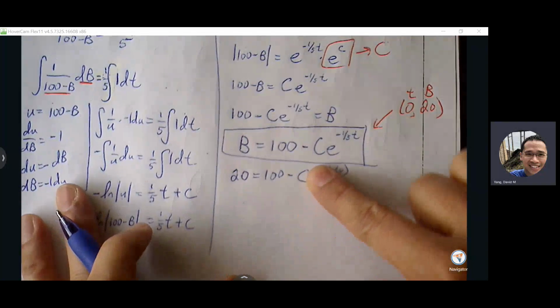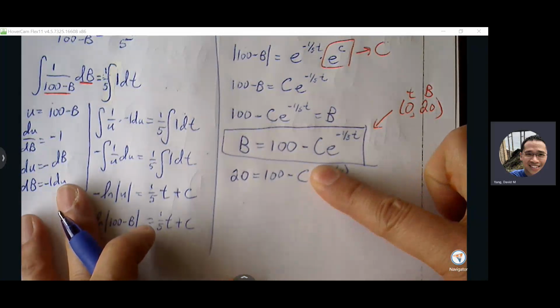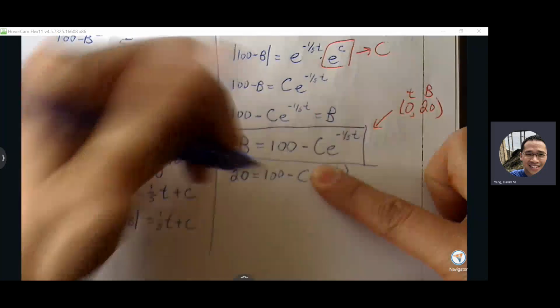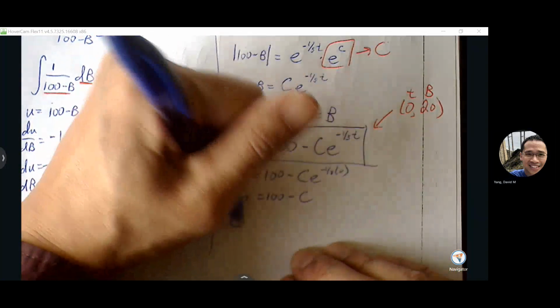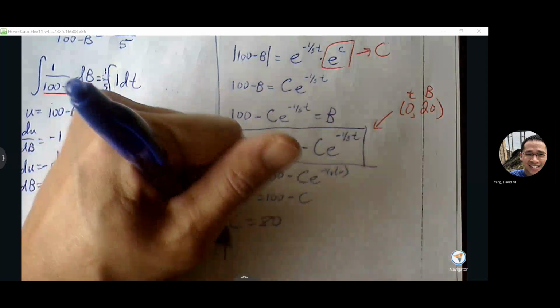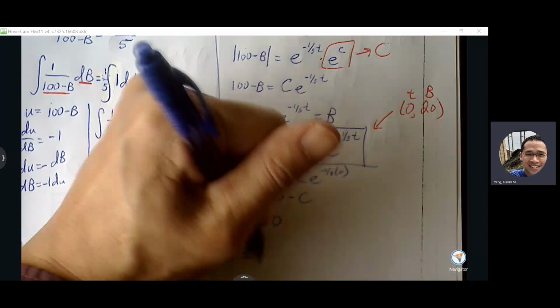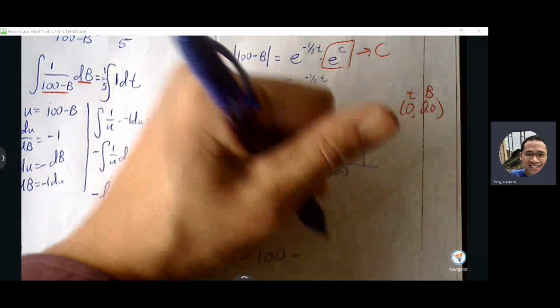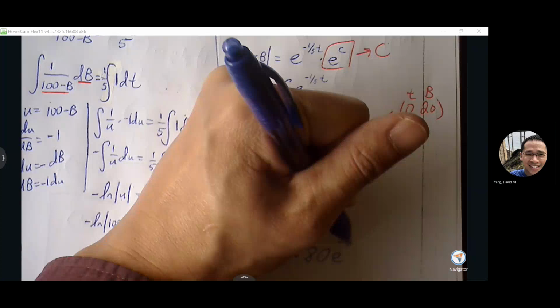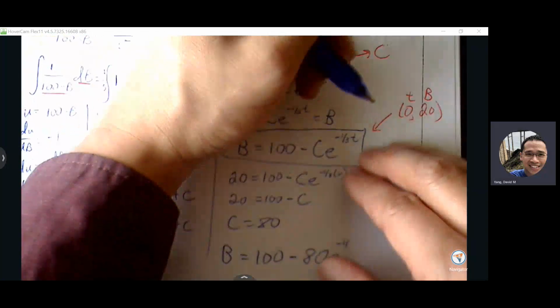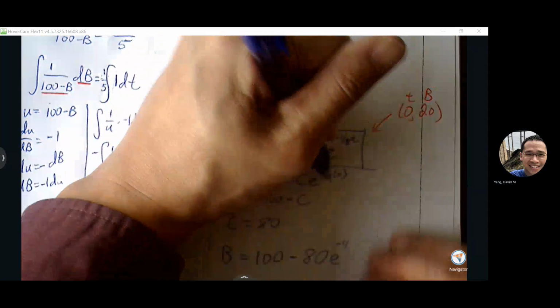That's just going to force that to go away. So if I solve for C, C is equal to 80. Now I can update my general to a particular solution. Sorry, I lost 5.